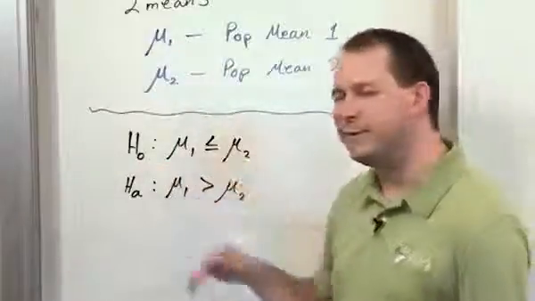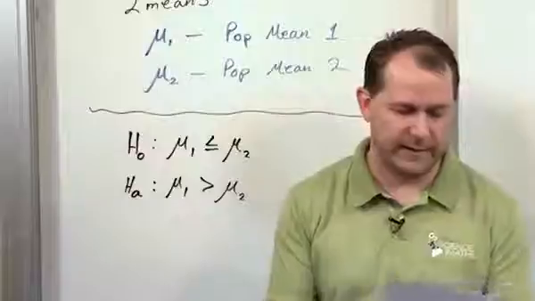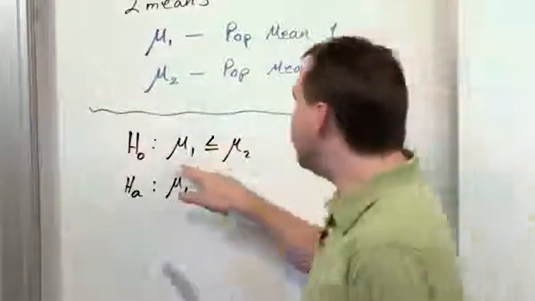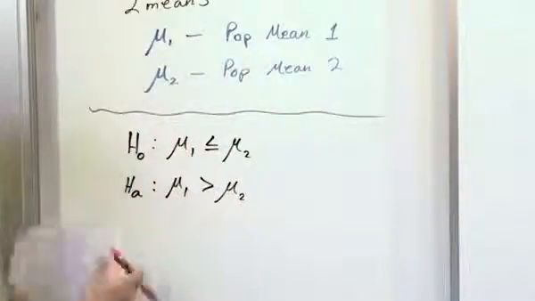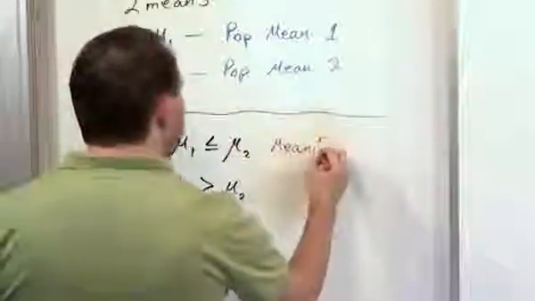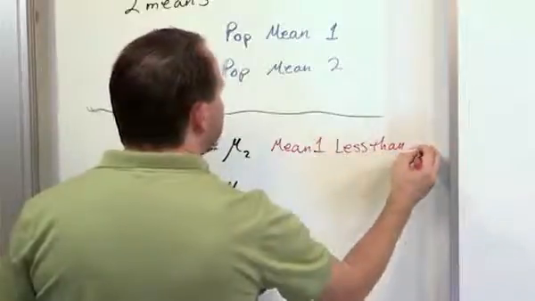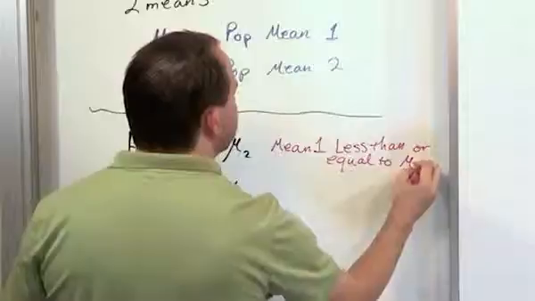You have to get through the basics of hypothesis testing, which is what we've done, in order to understand this. But typically, we don't keep it written like this. This is very easy to understand, that's why I wrote it this way. What this means is mean 1 is less than or equal to mean 2.